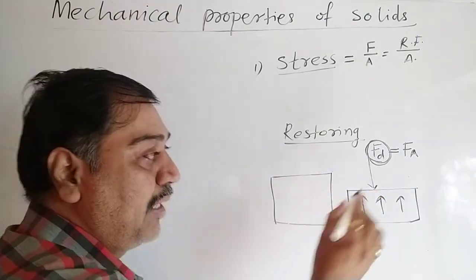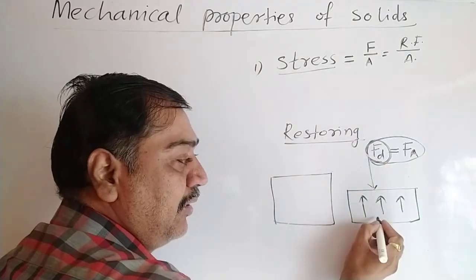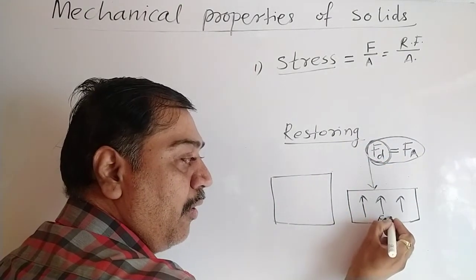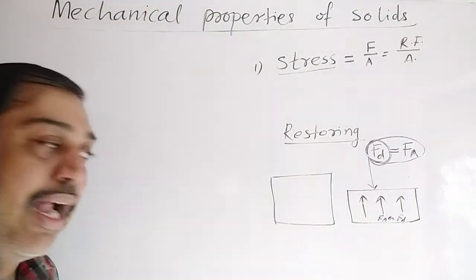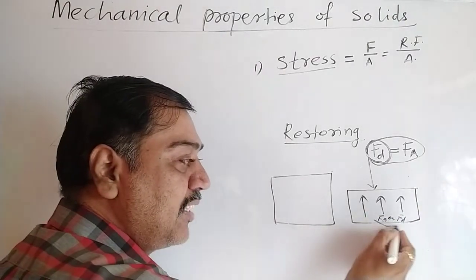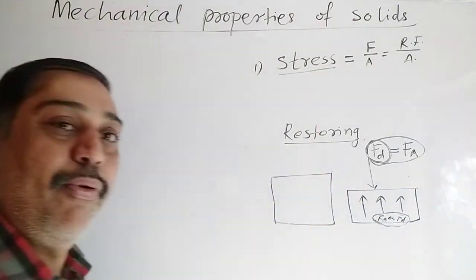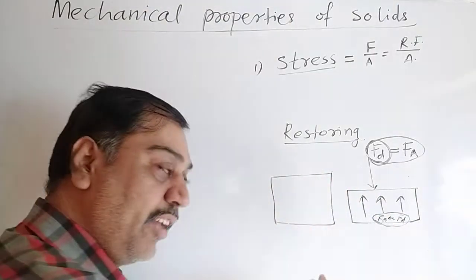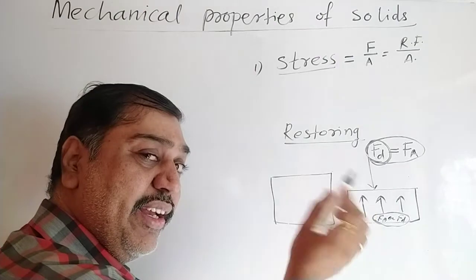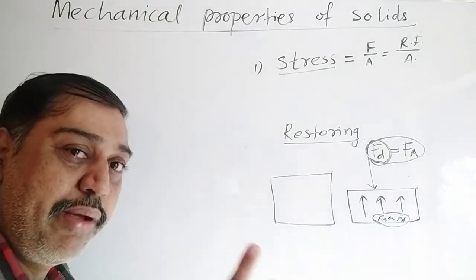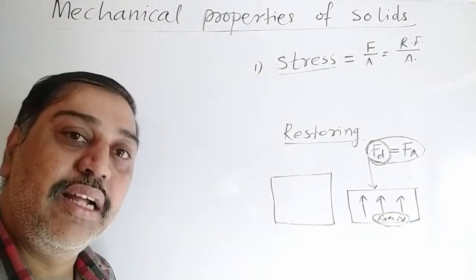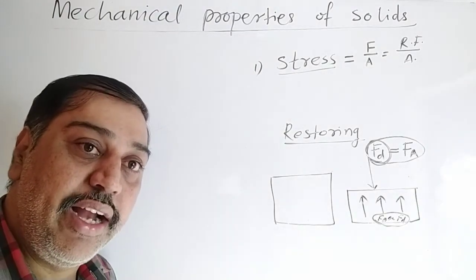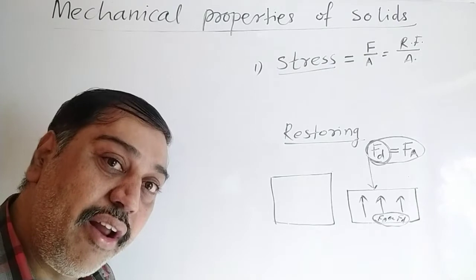They are exactly the same, FA or FD, deforming force or applied force. The only difference is that these forces have the opposite direction and are created inside the material. Point to remember: the applied force we apply externally, while the inside forces are created internally in the material.